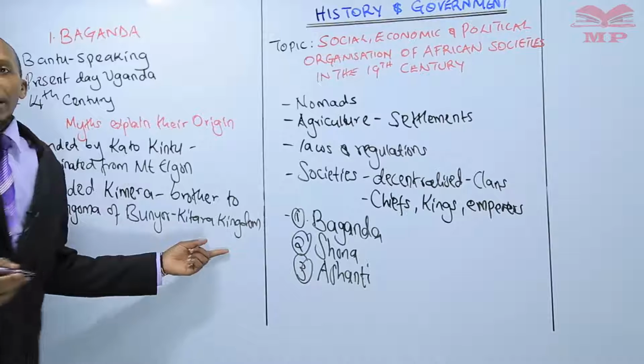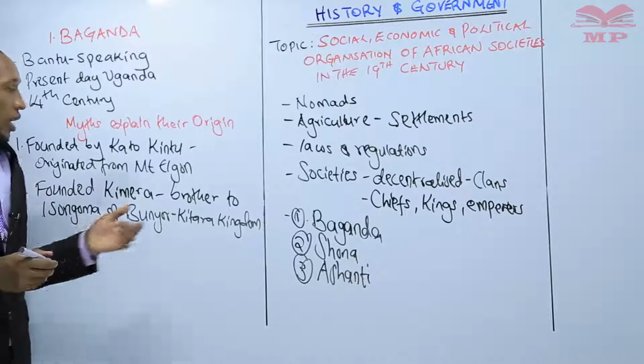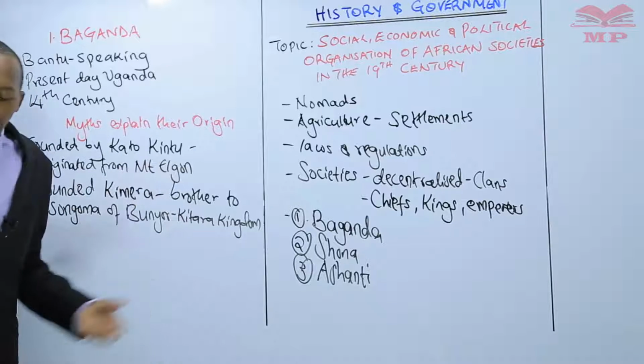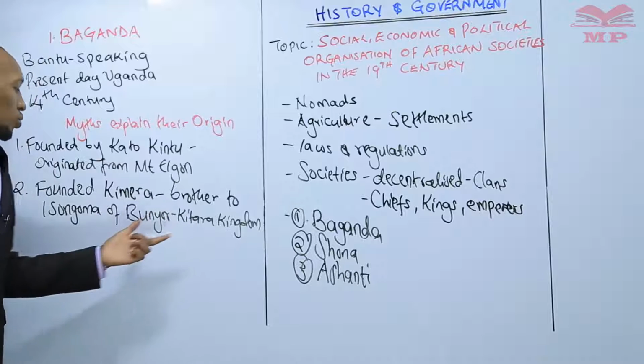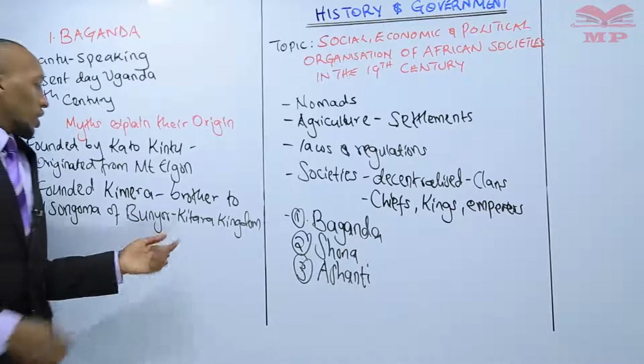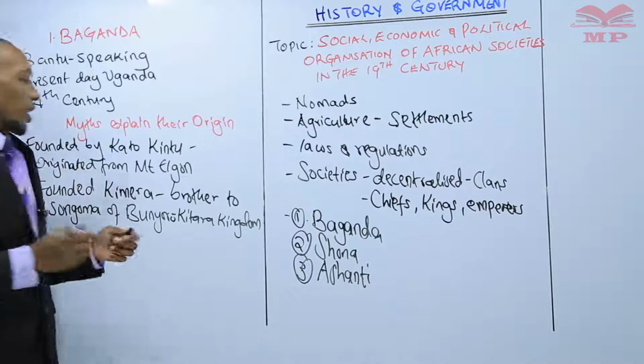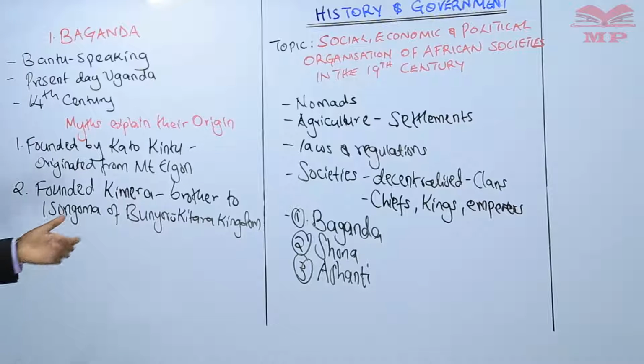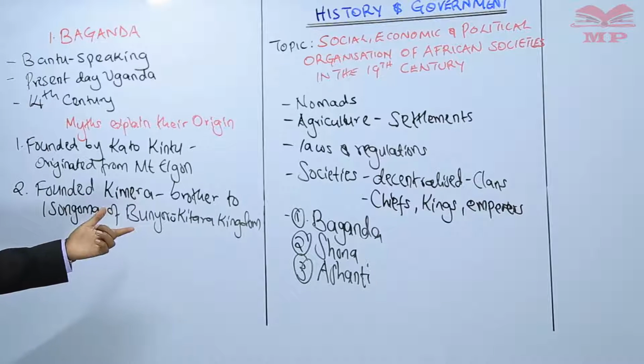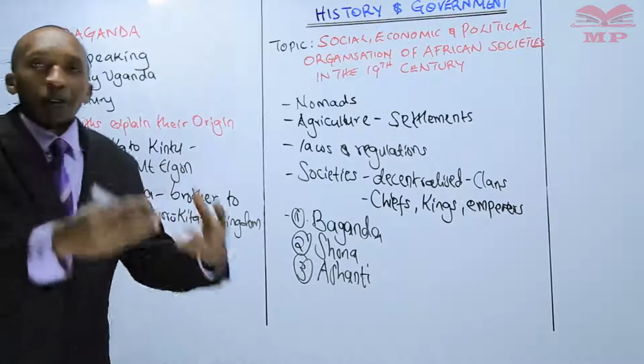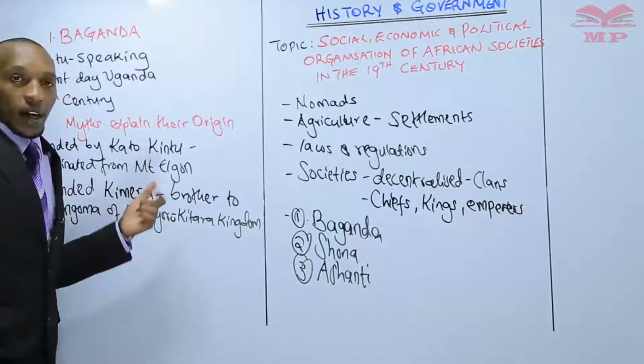This was another kingdom neighboring the Buganda Kingdom. So the brother to the leader of Bunyoro Kitara, known as Chimera, broke away and started the Buganda Kingdom.